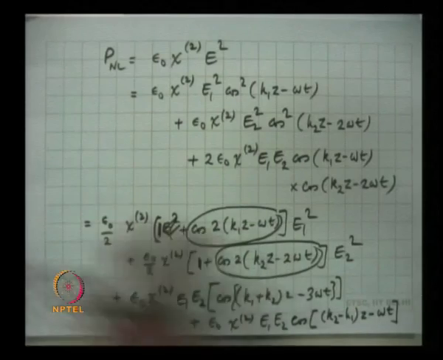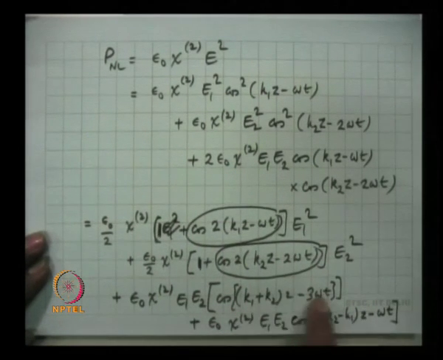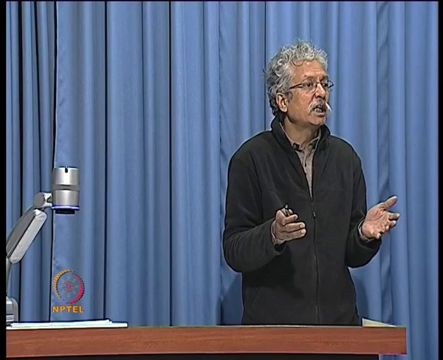So, this 4 omega electric field will hardly be generated. This term will not be able to generate electromagnetic wave at frequency 4 omega. This 3 omega term also requires another phase matching condition.